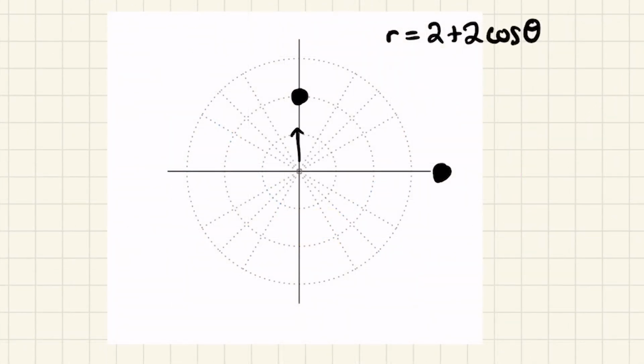Okay, and as theta increases from 0 to pi over 2, our r values gradually decrease from 4 to 2, which means that the entire curve is going to be some gradual transition from that first dot to that second dot. And let's actually plug in the individuals here.